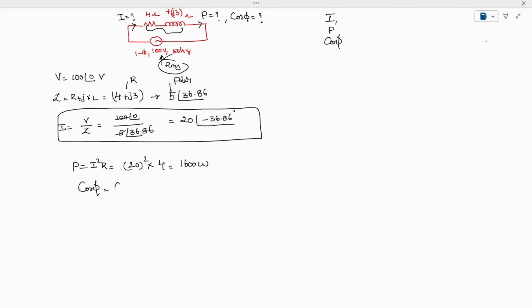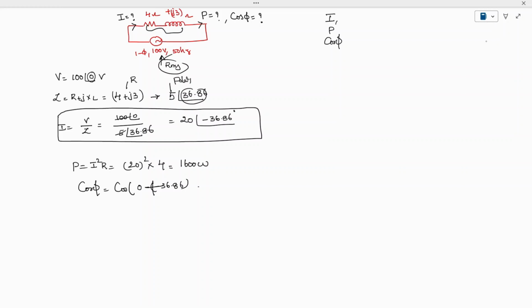So cos phi is the cosine of the angle between voltage and current. What is the angle between the voltage and current? The voltage angle is 0, and the current angle we obtained is minus 36.86. So 0 minus of minus 36.86, minus into minus will be plus.